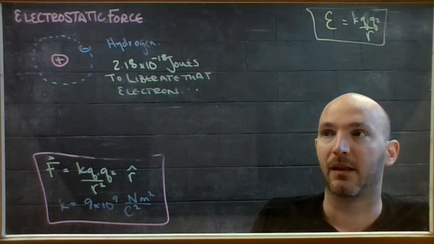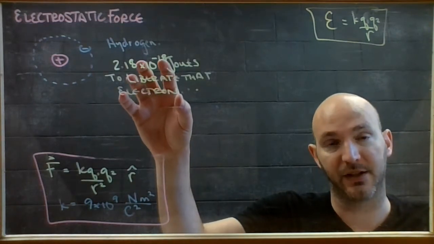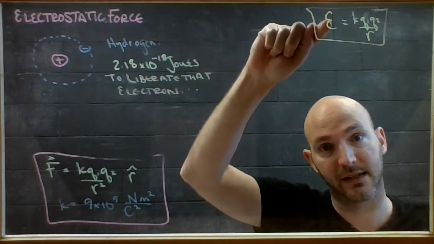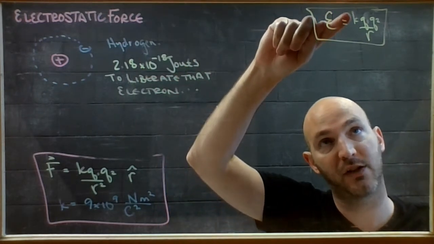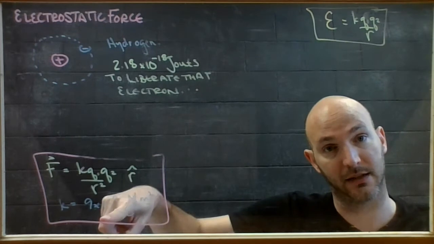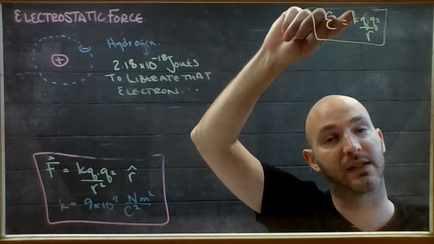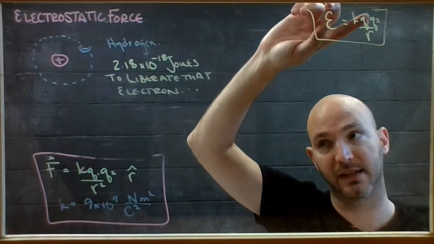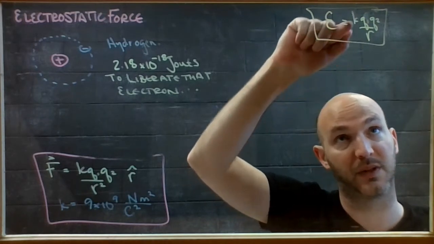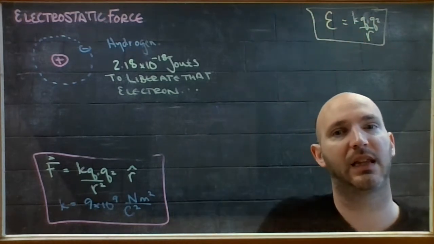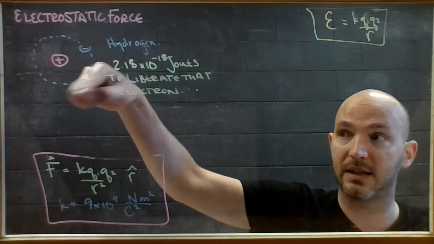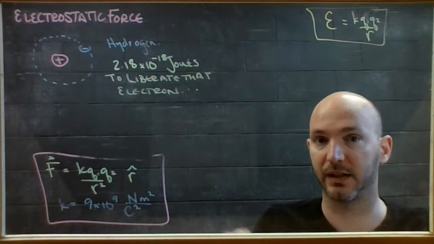So I'm going to take that amount of energy and park it into this equation. And since I know K is 9 times 10 to the 9, and since I know that Q is 1.6 times 10 to the negative 19, I'll be able to put that here and that here. And the only thing left would be the R, right? The radius at which this electron is orbiting the proton.